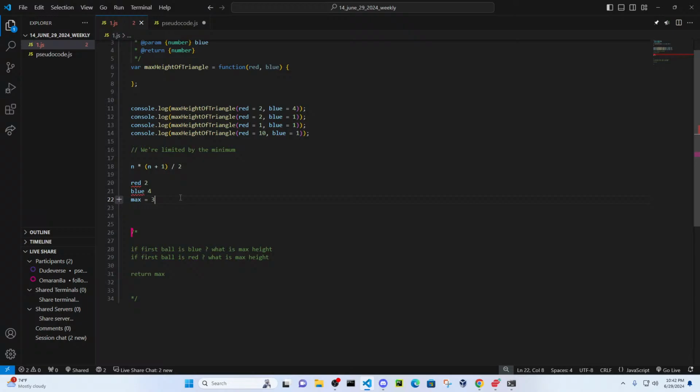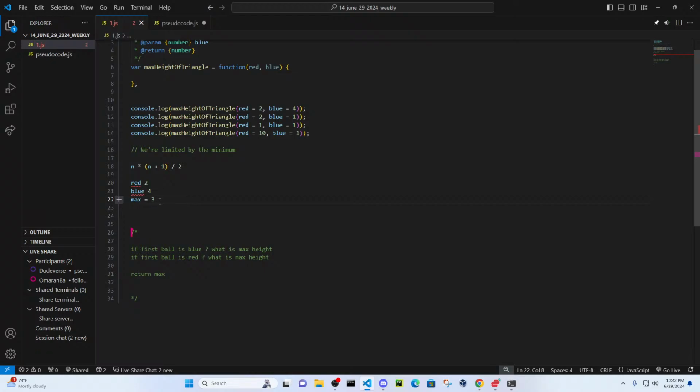Does it matter if you start with the blue or the red, or does it matter more about the minimum? Because minimum is just screaming at me right now. If you have two reds, for example, what's the maximum that this thing can be if the minimum is 2? I think the maximum is 3, right?